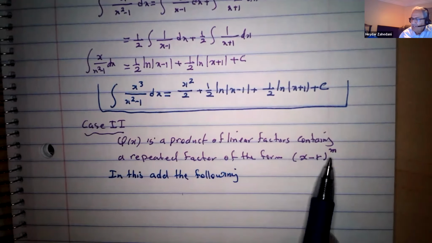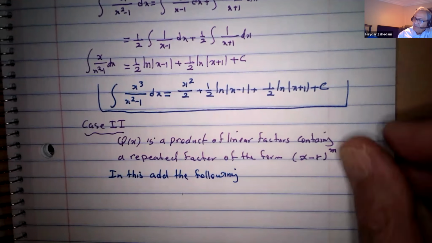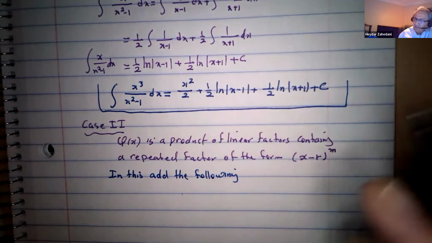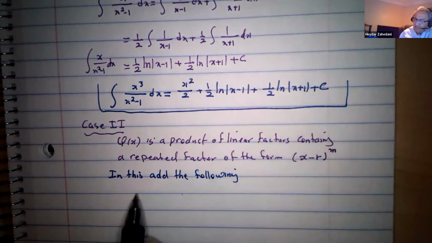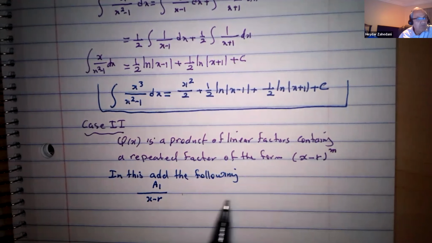This is x minus r to the n. Remember, if it was x minus r, this would be your first factor, x minus r, and the top would be a. But since it's repeated, if it's going to be repeated 5 times, you must have 5 fractions. If you repeat it 3 times, you must have 3 fractions.